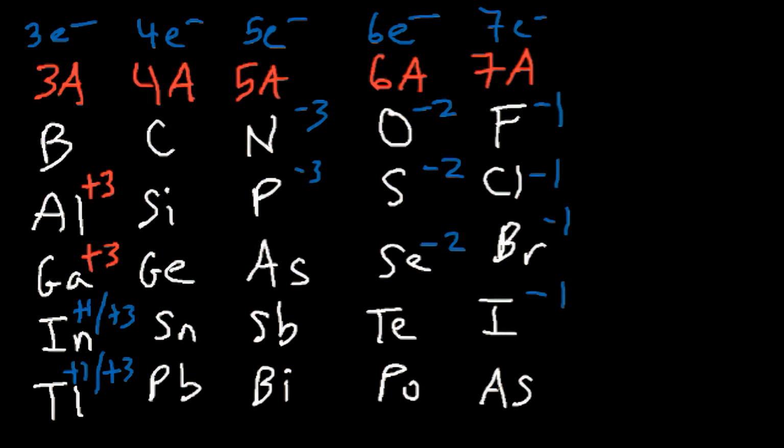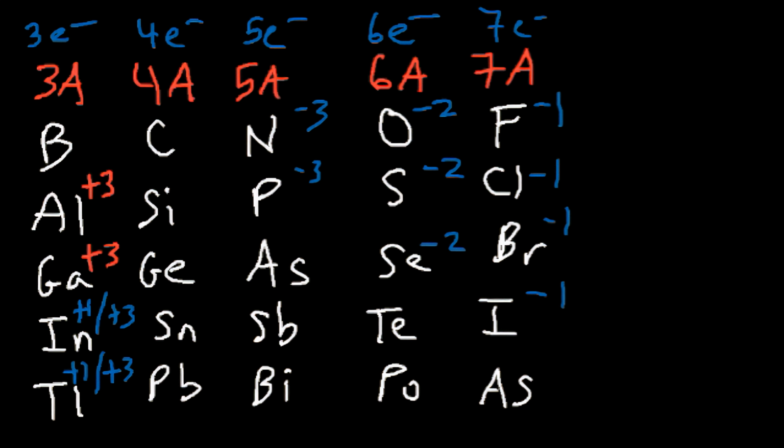Because fluorine really wants to have electrons, it is electronegative. Electronegativity increases towards fluorine. So as you go up and as you go to the right, electronegativity increases. What this means is that fluorine has a very strong desire for electrons, greater than that of oxygen and chlorine.